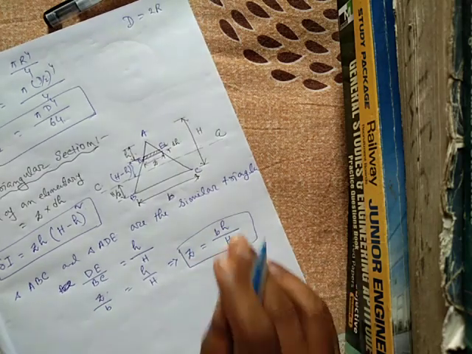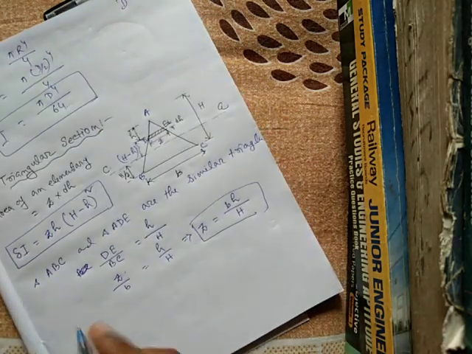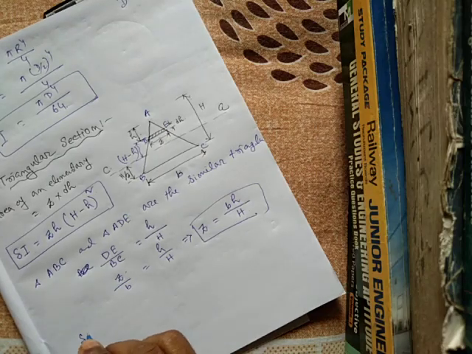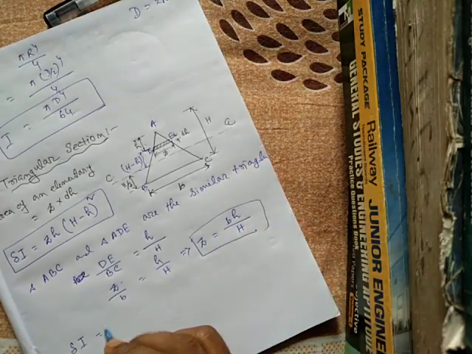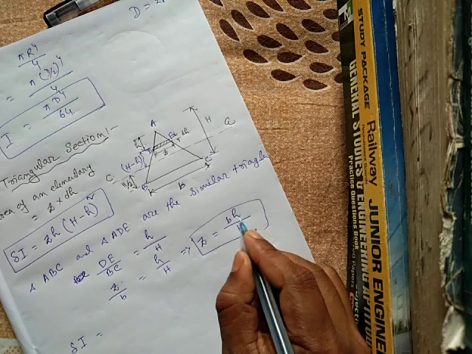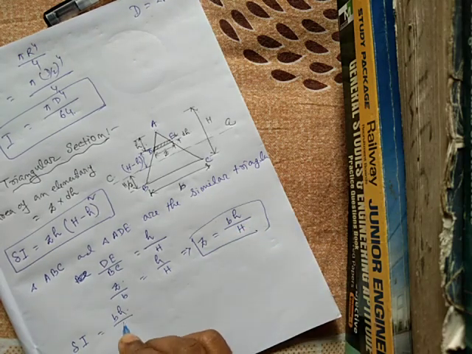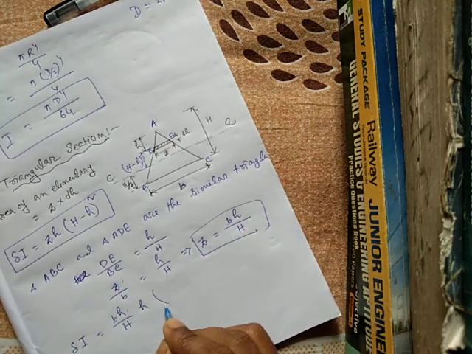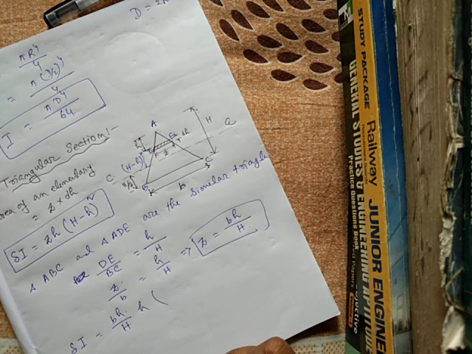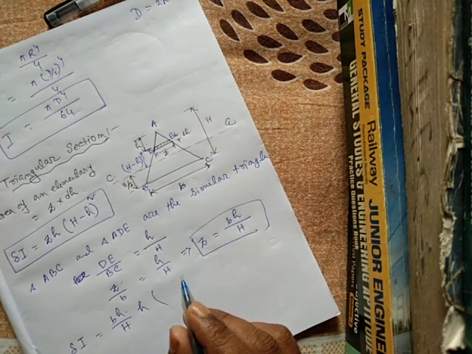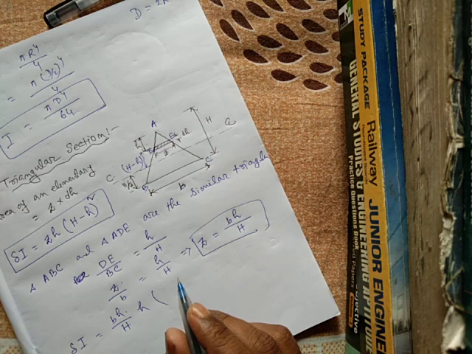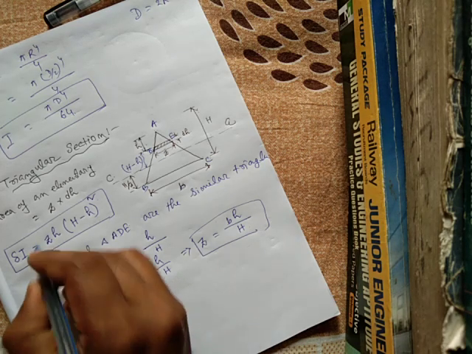Put the value of z in here. So delta I equals z, put the value of z equals b into h divided by H, into dh.